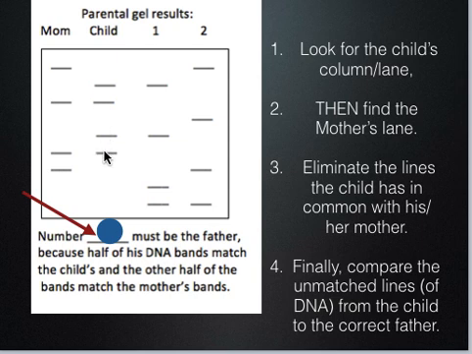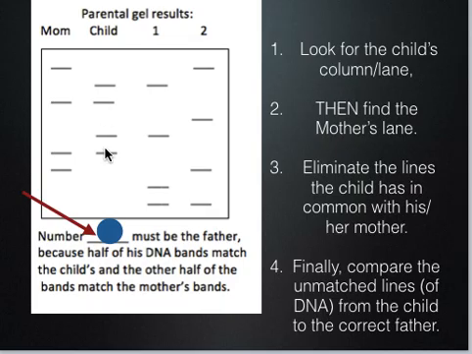So there's 4 lines in the baby. That means 2 lines come from mom, 2 lines come from dad. So we have to identify the lines the mama and the child have in common. So mama's got this line, and mama's got this line. So I'll call that line 2 and line 4 of the baby. Mama's got this line and this line.